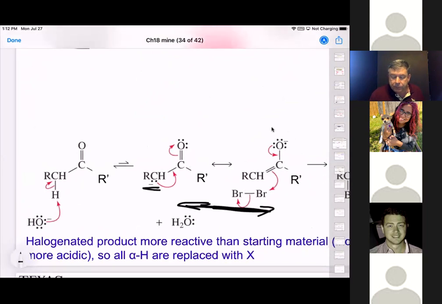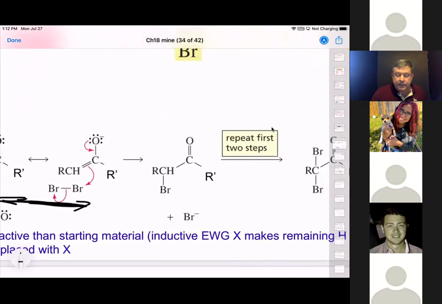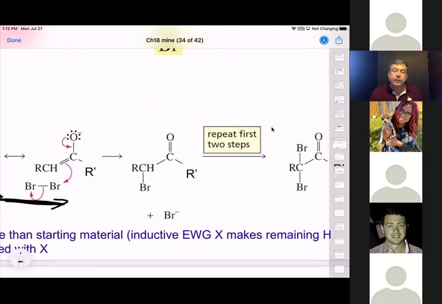What can happen after that is our double bond can now do the same thing it did in the previous mechanism, reach out and grab our bromine and generate our new carbon-bromine bond, and then our electrons will kick in and form our carbonyl compound.